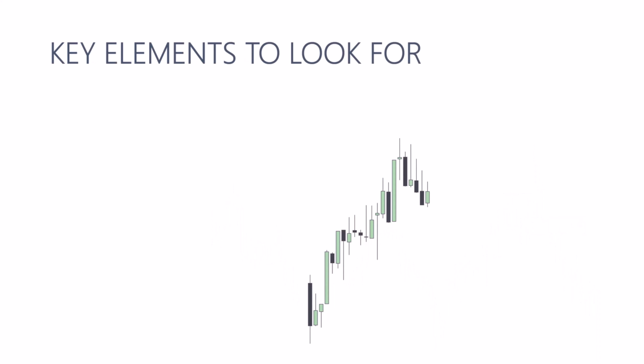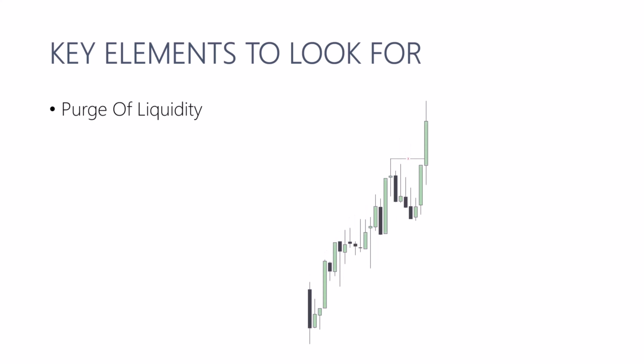So finally, I want to show you my personal favorite IFVG model. Let me explain it to you, and then we're going to deep dive into some practical examples, okay? The key elements to look for. First of all, we need to have a purge of liquidity.